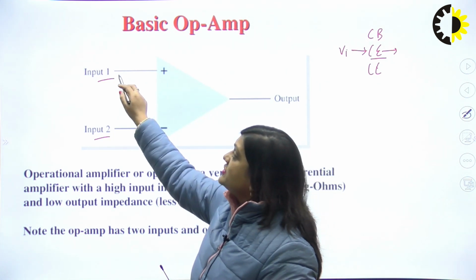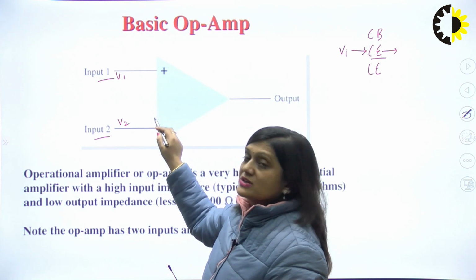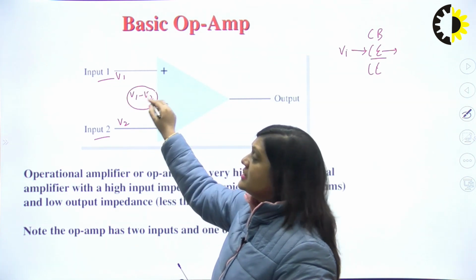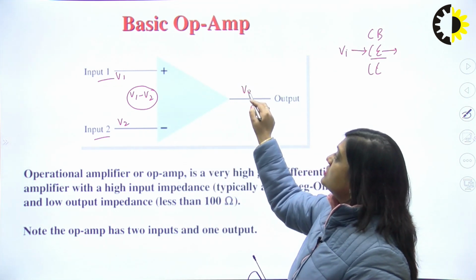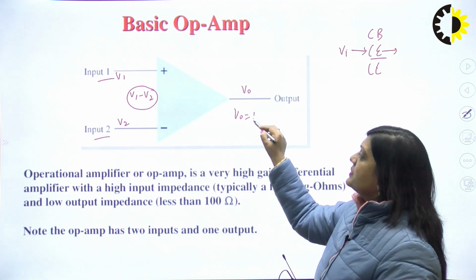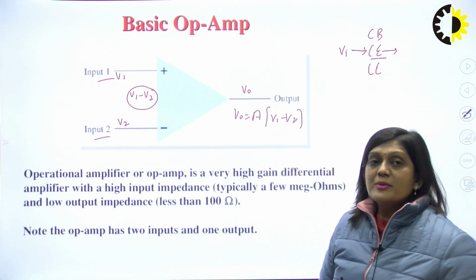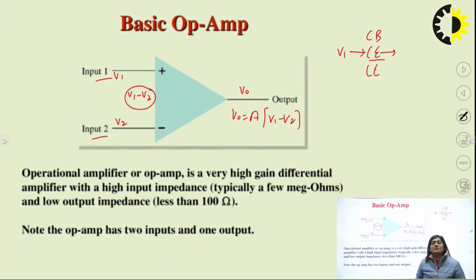If we apply V1 voltage here and V2 voltage here, the input voltage is the difference V1 minus V2, and this V1 minus V2 will be amplified by the Opamp. This is the output. So the output would be the amplification of V1 minus V2. So Opamp amplifies the difference between the two signals, and this is the advantage of Opamp over the transistor.